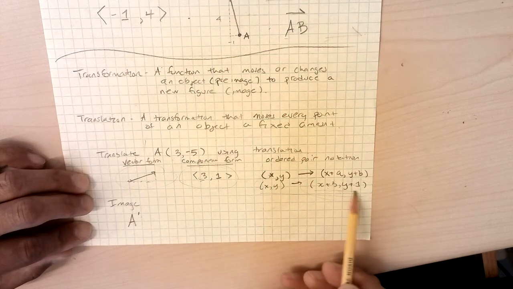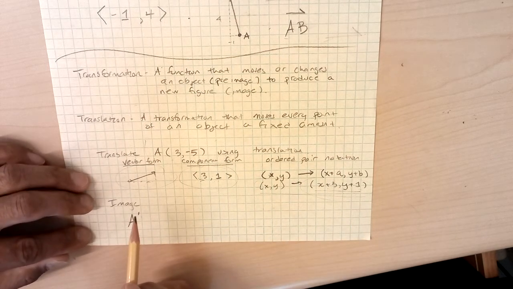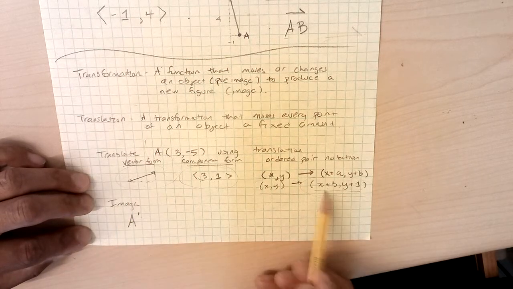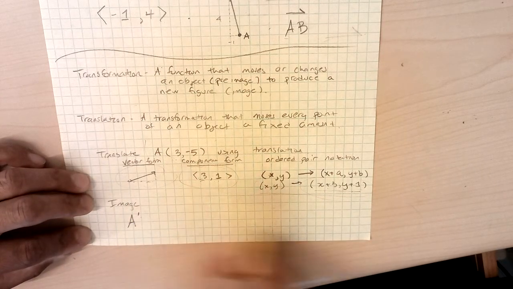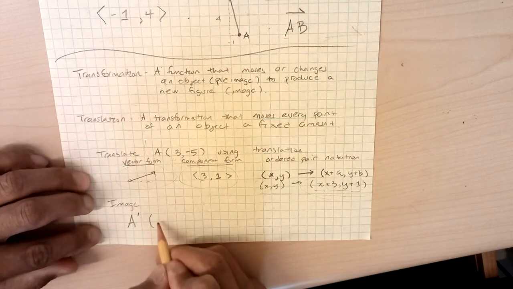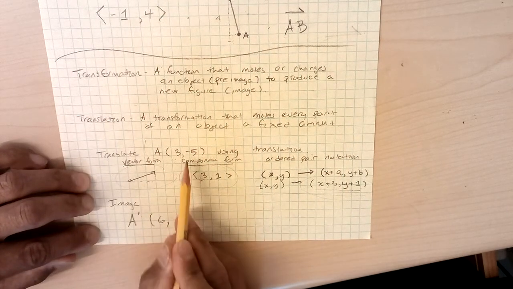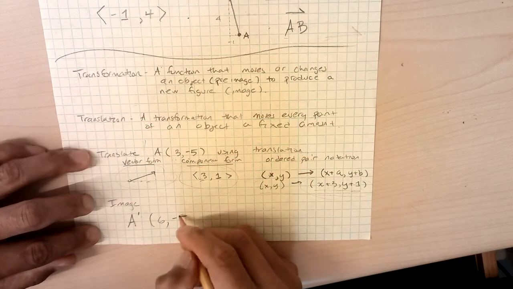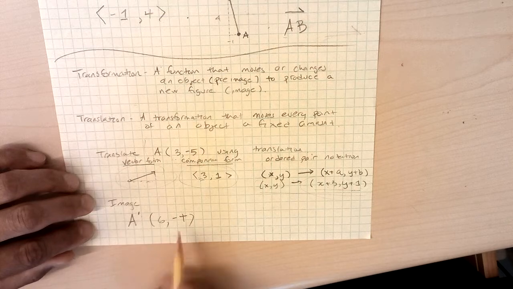Might be easiest to take a look at this if you're not going to graph your translation. So x plus 3, y plus 1. 3 plus 3 is 6. And then -5 plus 1 is -4. So those would be the coordinates of A prime.